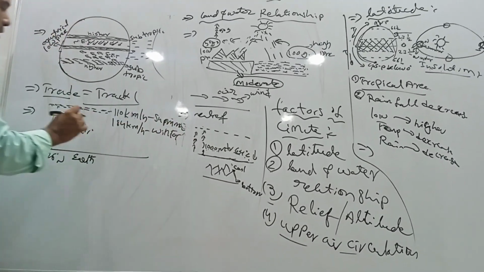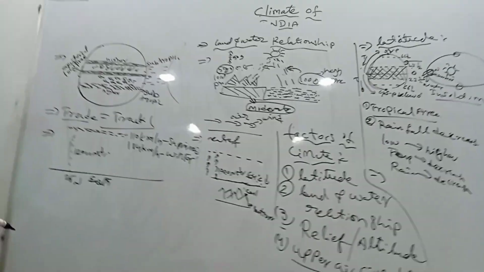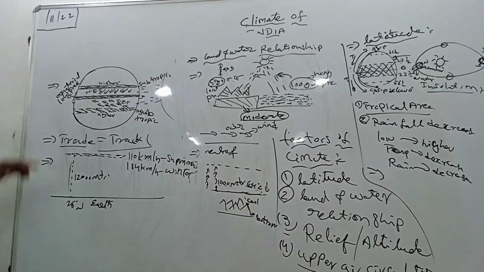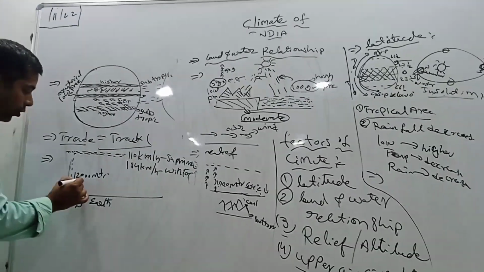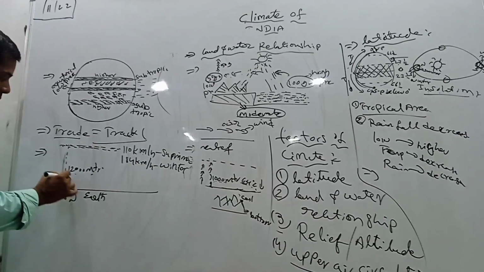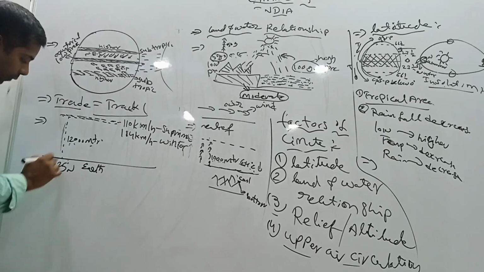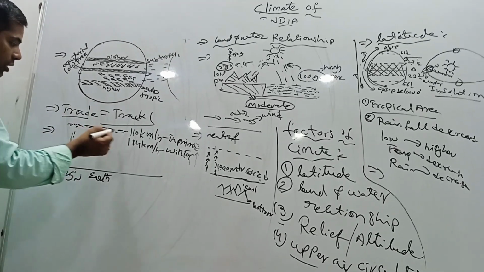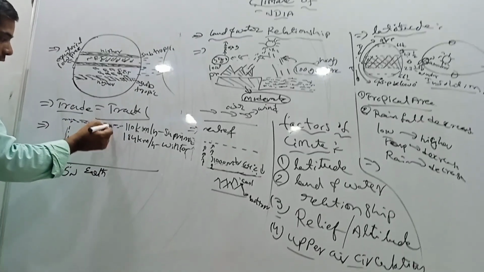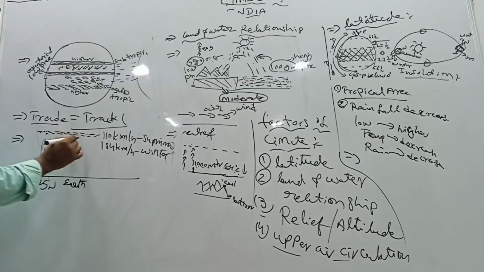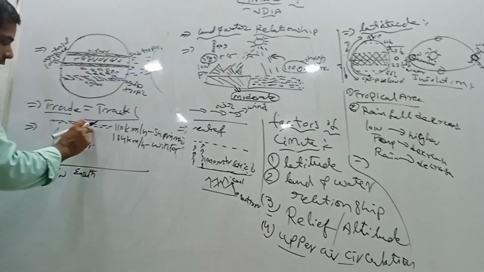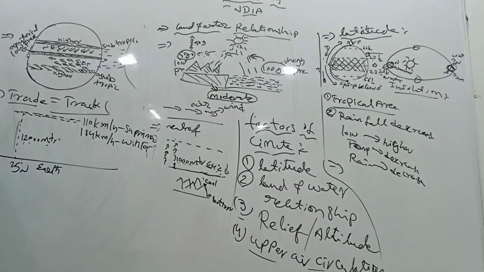So these winds blow with high speed at 12,000 meters height from the earth's surface at 25 degrees latitude. The winds blowing from the east are called easterly jet winds. These jet winds blow at very high speed.